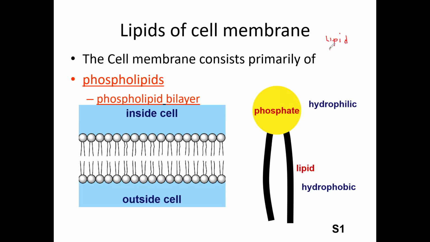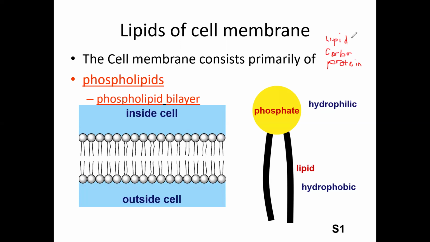And second, we also have carbohydrates. Then after carbohydrates, we also have proteins. Proteins are also present in the cell membrane.